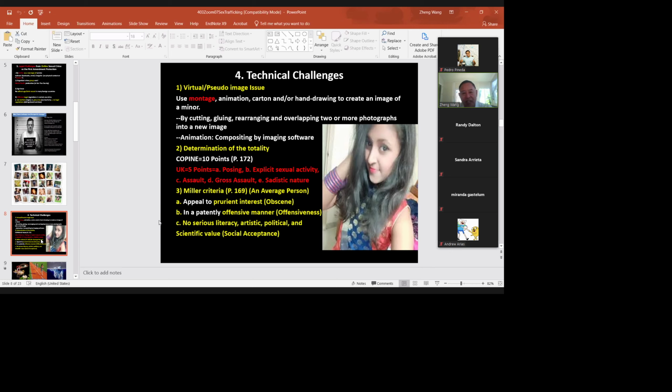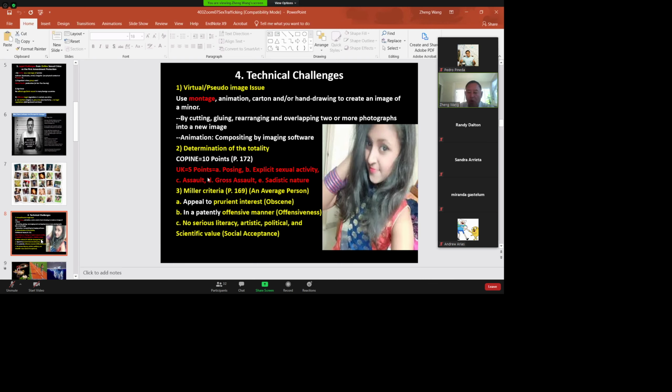So that is another technical loophole that we are facing. They draw and design certain things. Those are the technical issues right now in terms of picture, video, and cartoon styles.